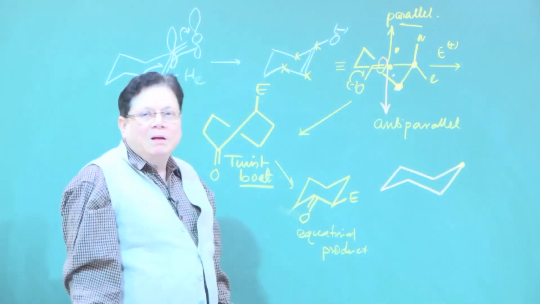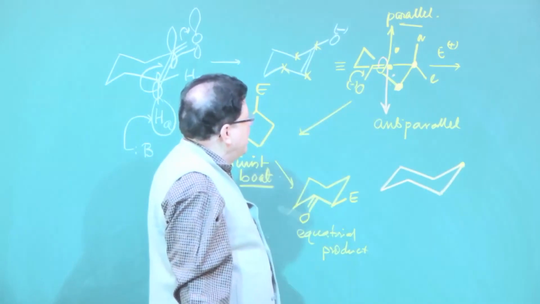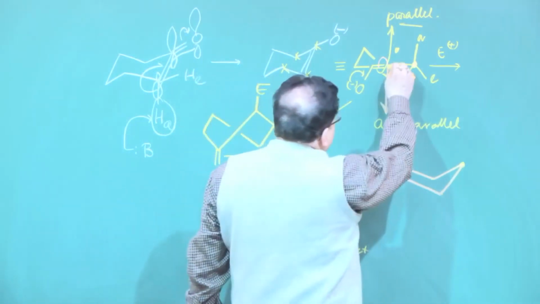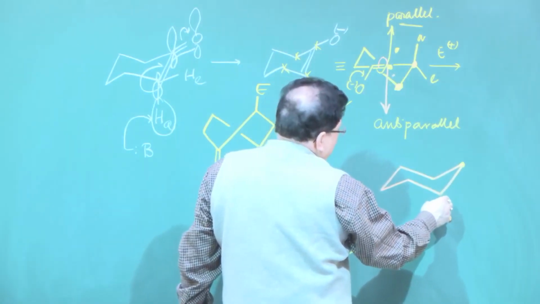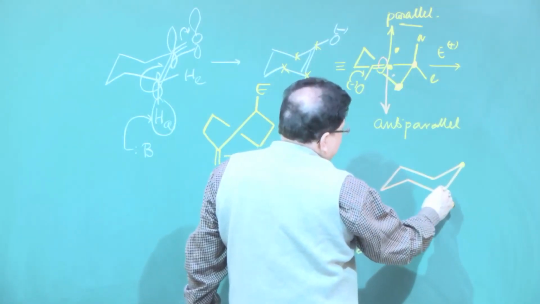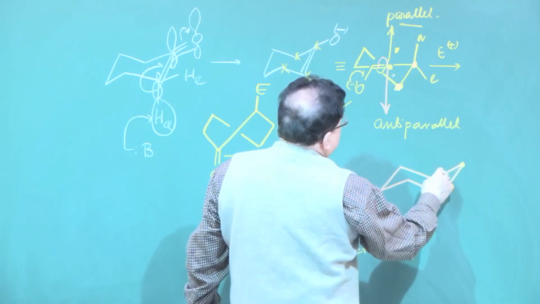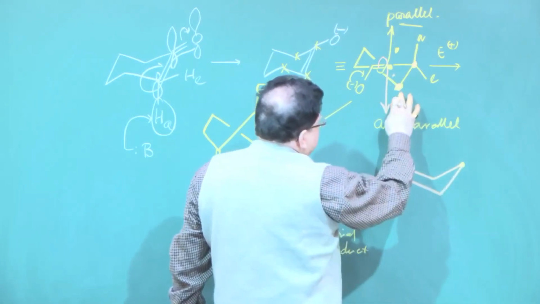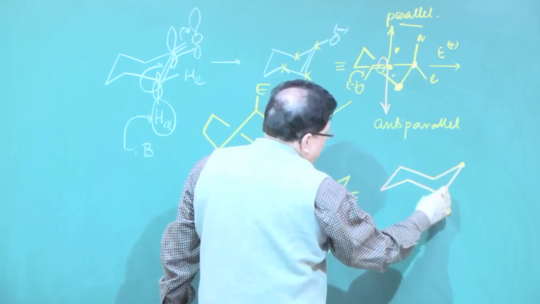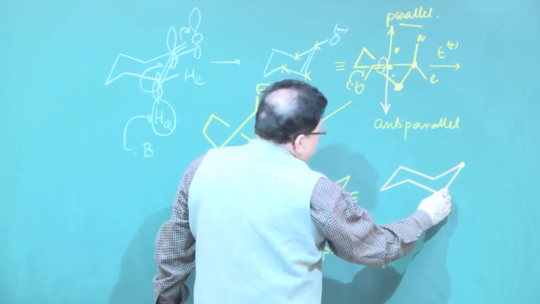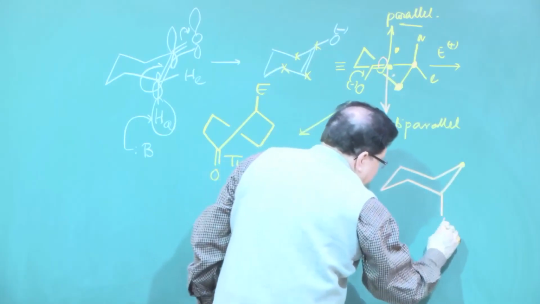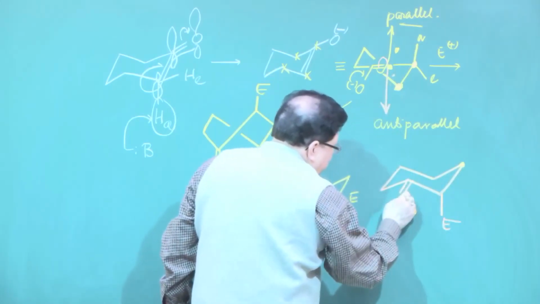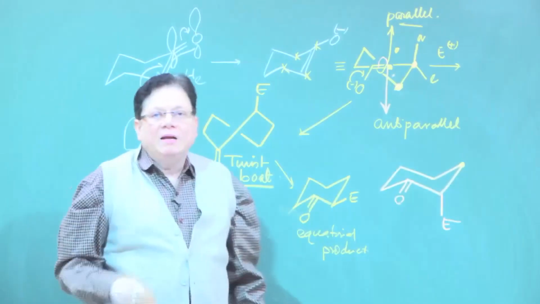So this directly goes into a chair form, and this is the carbonyl that has gone down, and this is the back one. So you have an anti-parallel attack: that is the electrophile, and this is the carbonyl. It goes directly to the product.